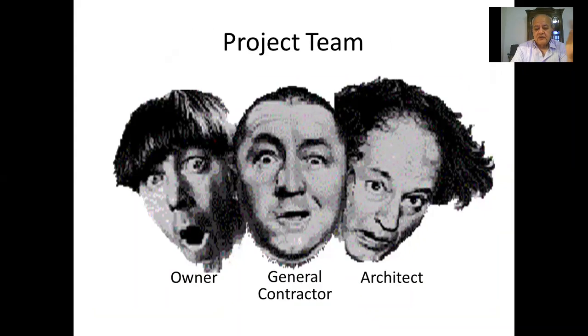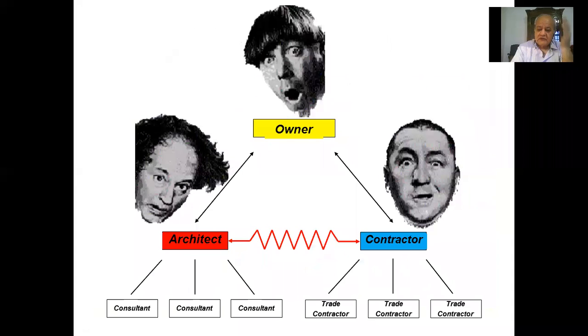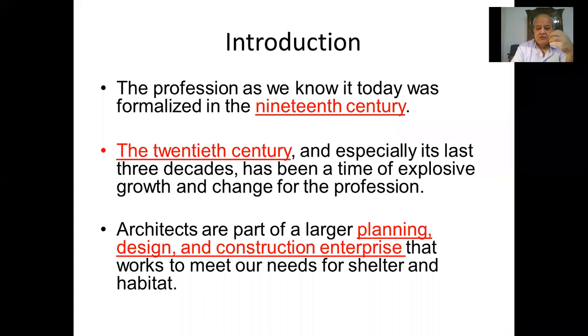Everyone, the architect, the owner, and the contractor, they have different interests and they have different requirements. So you have to make sure that you coordinate the relationship between the three entities in a good way.